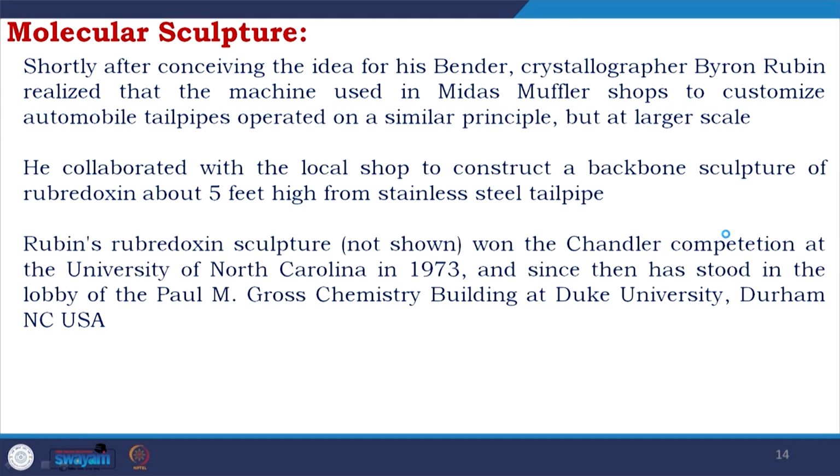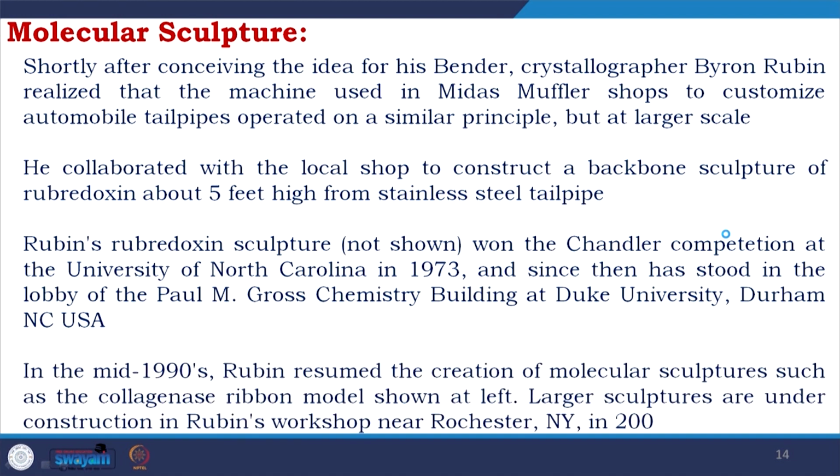Rubin's rubredoxin sculpture won the Chandler competition at the University of North Carolina in 1973 and since then has stood in the lobby of the Paul M. Gross Chemistry Building at Duke University, Durham, US.